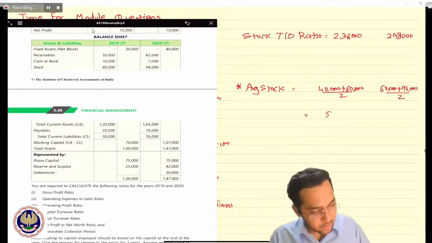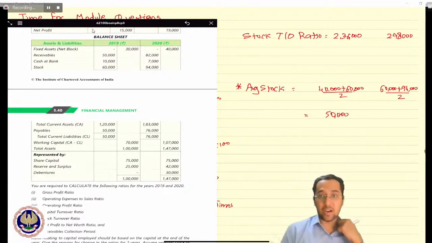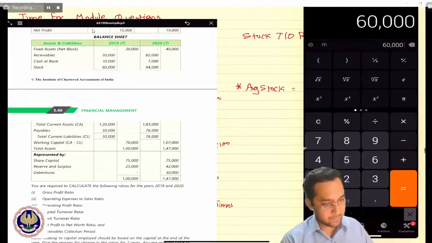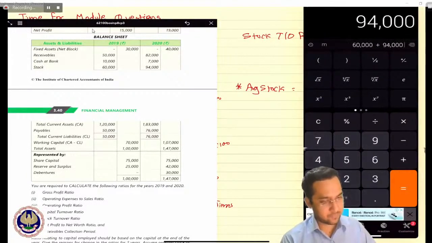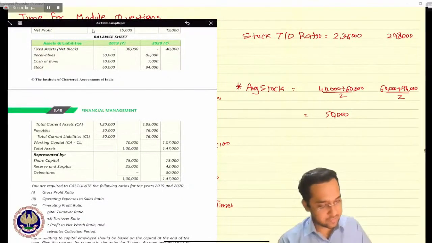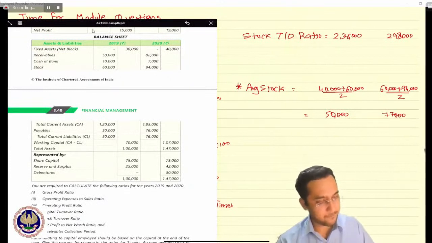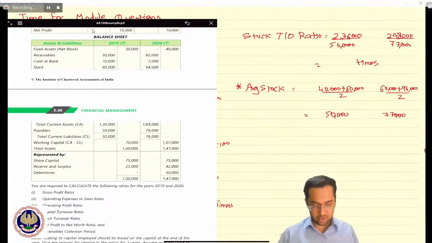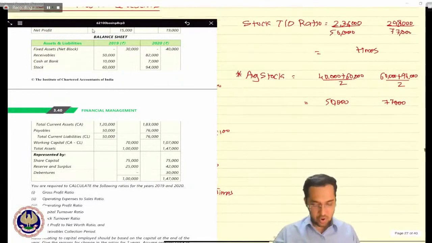So this comes out to be an average of 50,000, and the second one will give you an average of 77,000. You can divide this by 50,000 and 77,000, and you'll get the answers in so many times. Stock turnover is done.